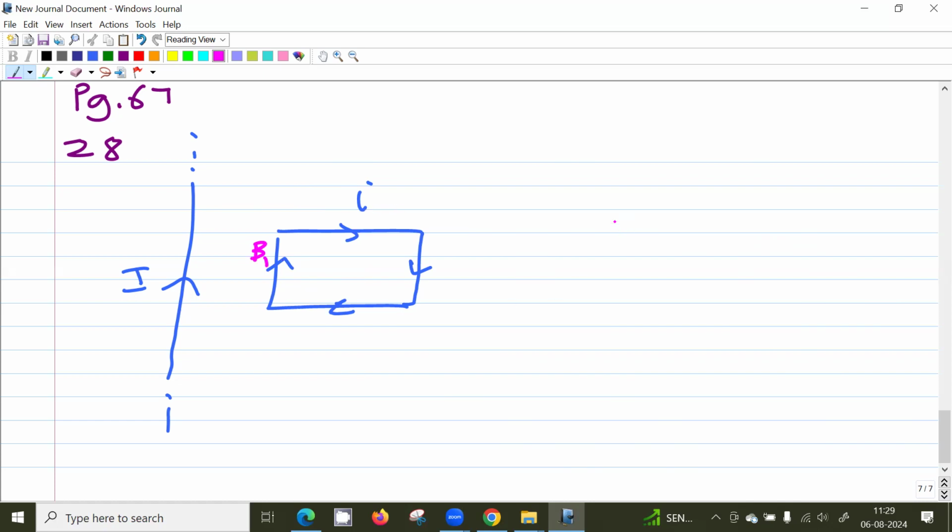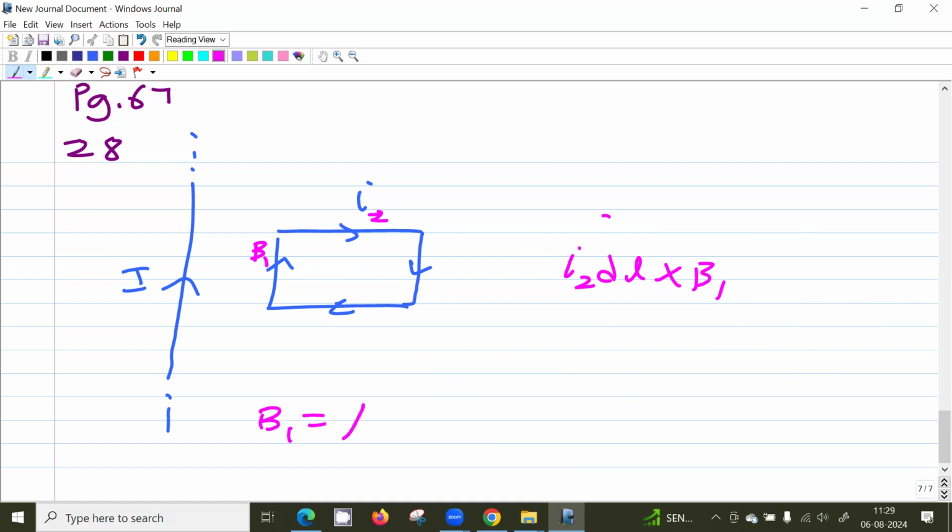So the force on the left part of this conductor, the coil, will be I2 L cross B1. This current is called I2. So this force I can find out, and B1 you can get from Ampere's law.